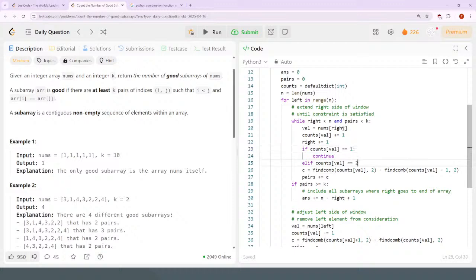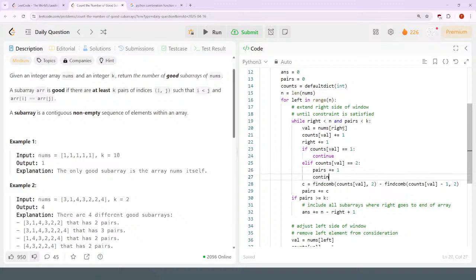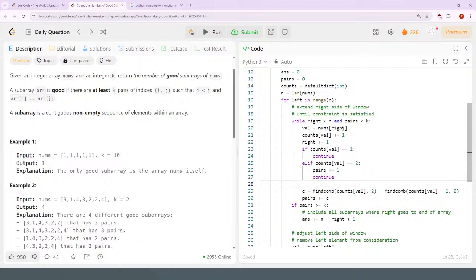If the count of the value is 2, then pairs increase by 1, keep on going. And then else you do this stuff.